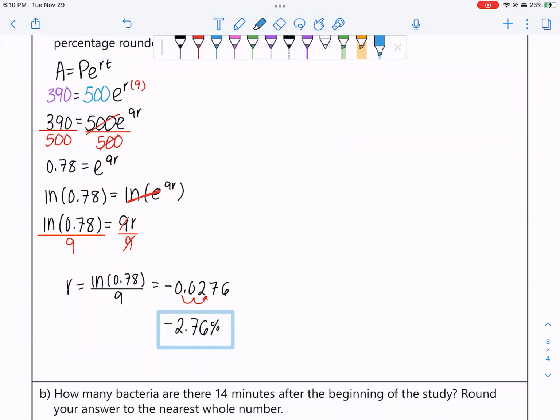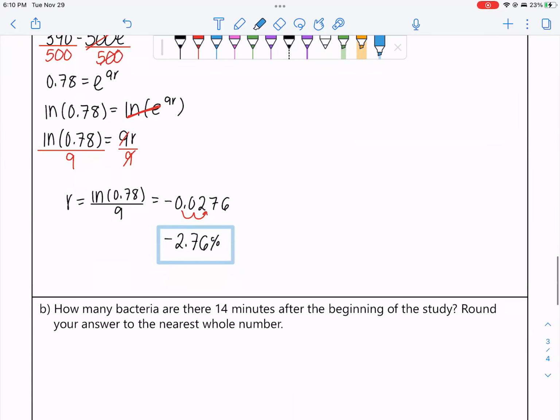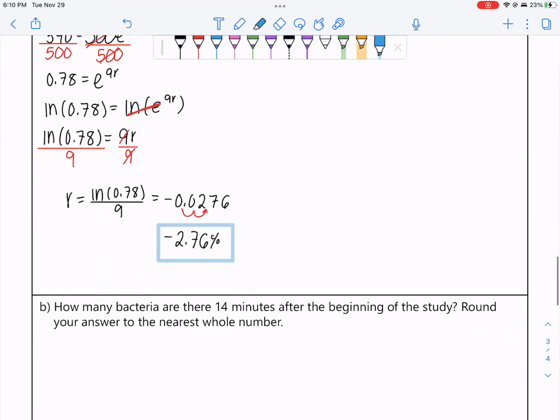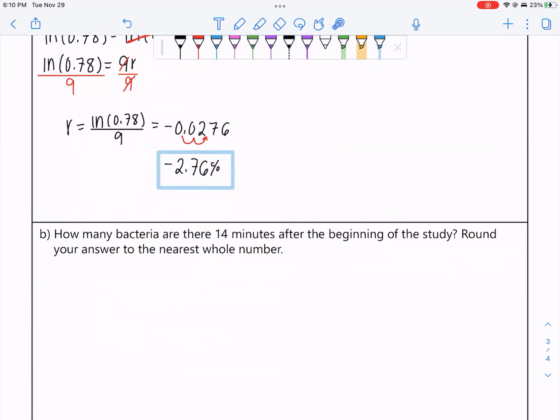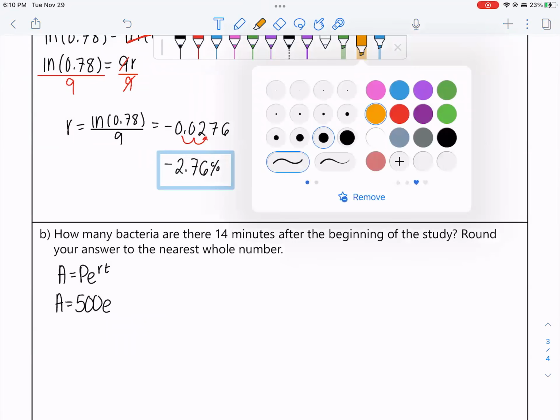That's also enough for us to fill in our formula and figure out how many bacteria there are after 14 minutes. So our formula, A equals Pe^(rt). The initial amount is still the same, 500 bacteria initially. The r value is right here.